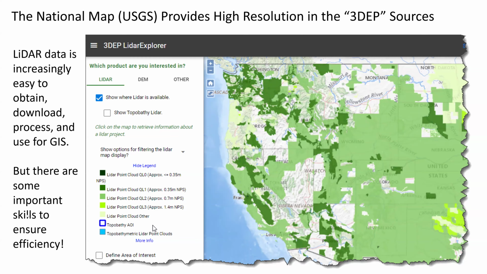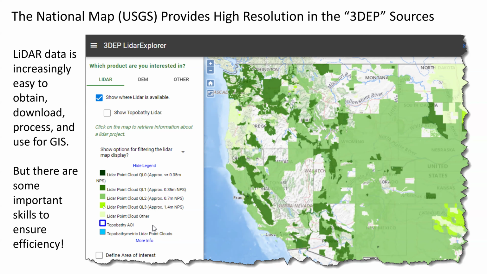So there's a lot of QL1 LIDAR here, 0.35 meter NPS. Let's see, NPS. I should know what that means. It's got to be some version of resolution.